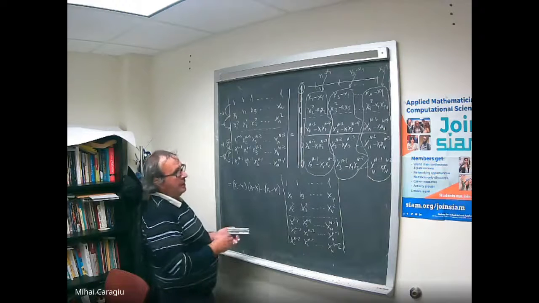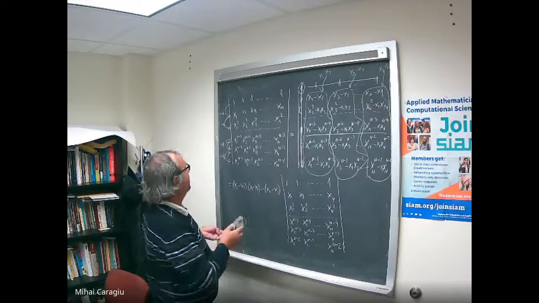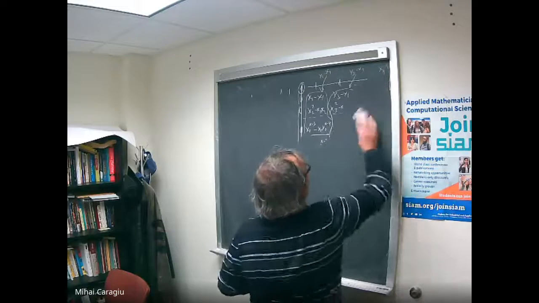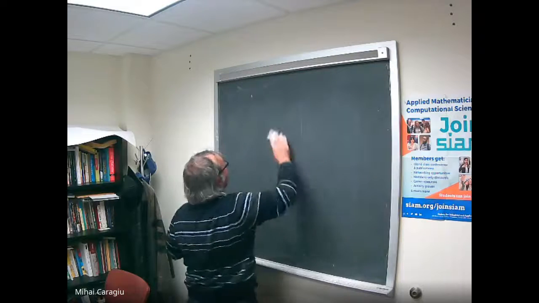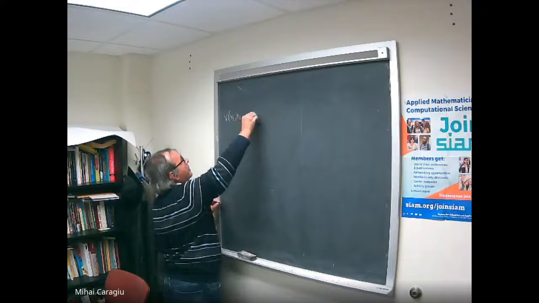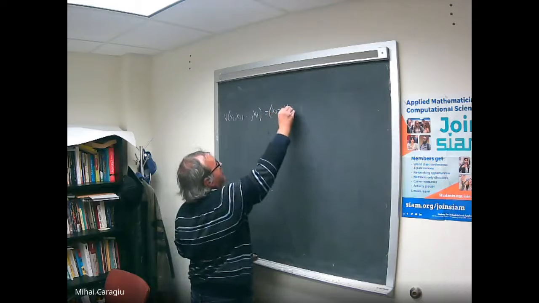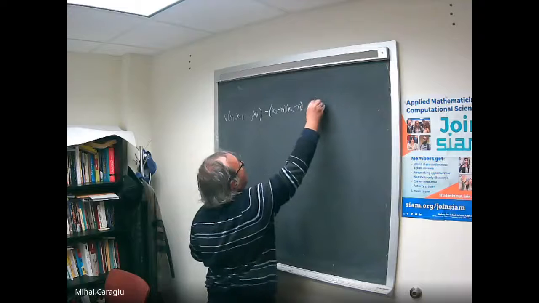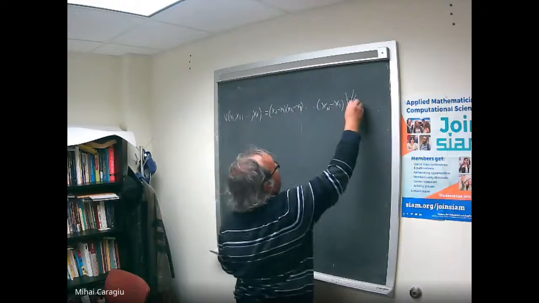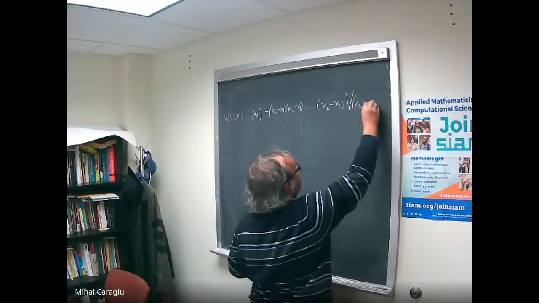What we just proved, let's write it down: the Vandermonde determinant of x1, x2, all the way to xn equals x2 minus x1, x3 minus x1, through xn minus x1 times the Vandermonde determinant of x2, x3, through xn.